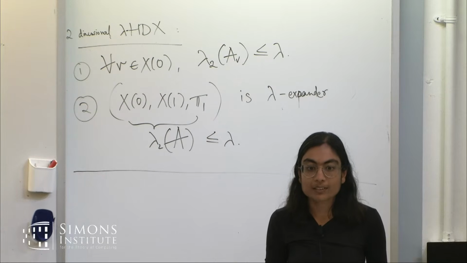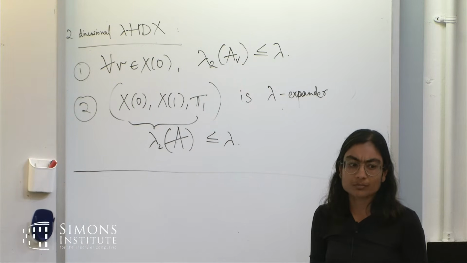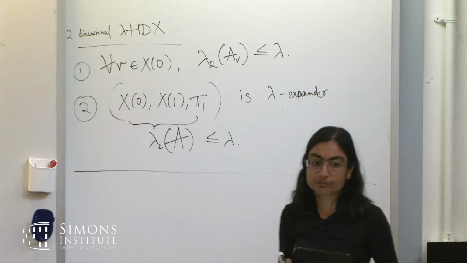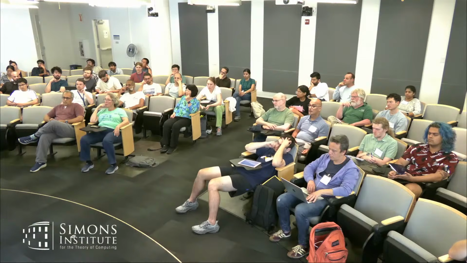Actually, I have a trivial question. When you define the adjacency matrix, suppose I take pi1, just the usual thing, so A(V,W) is like 1 over the degree of V. Then it is not self-adjoint in the general case. Yeah, that's a good question.